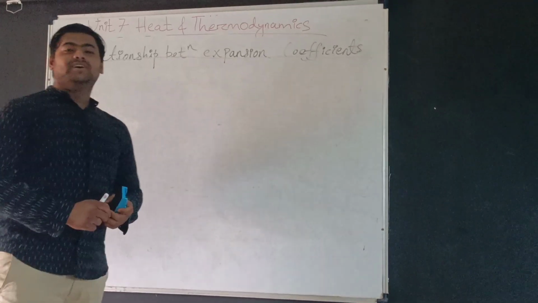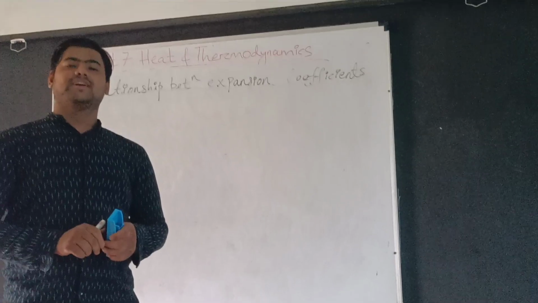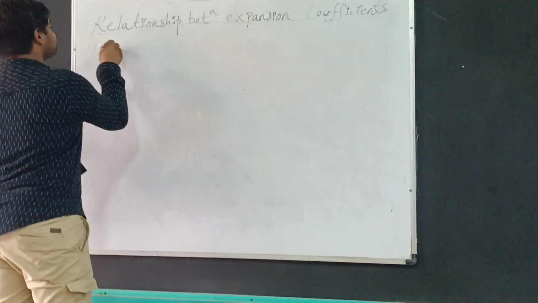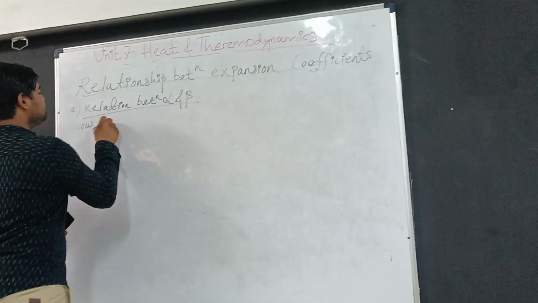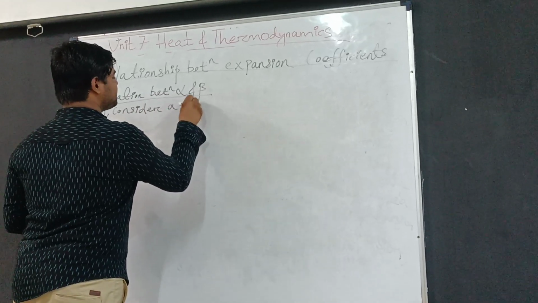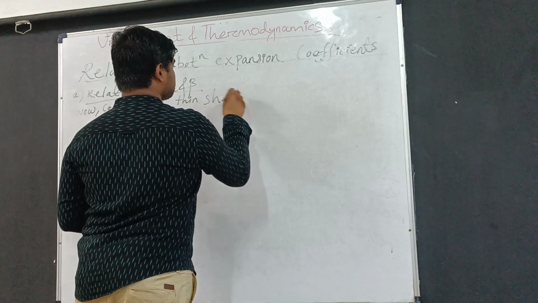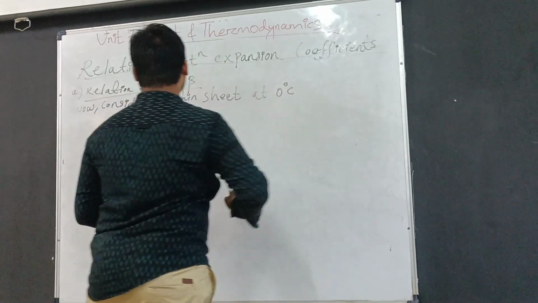Now let us derive the relationship between the expansion coefficients alpha, beta and gamma. Let us first find out the relation between alpha and beta. Consider a thin sheet at 0 degrees centigrade.